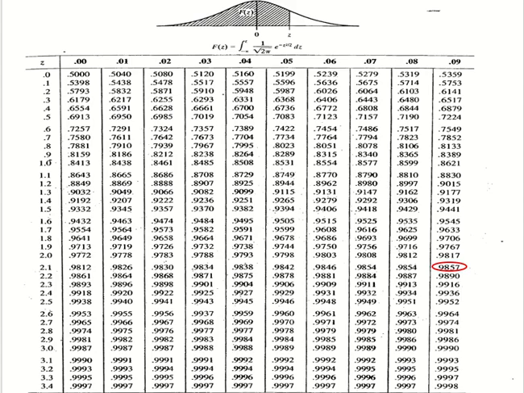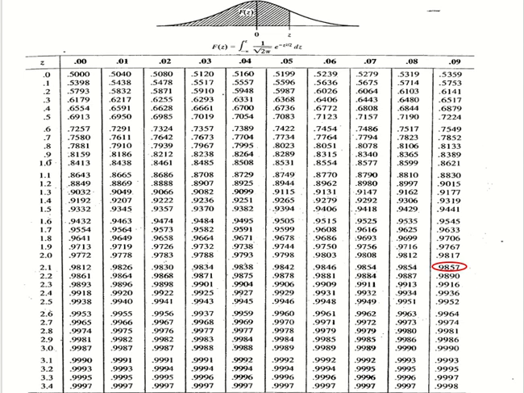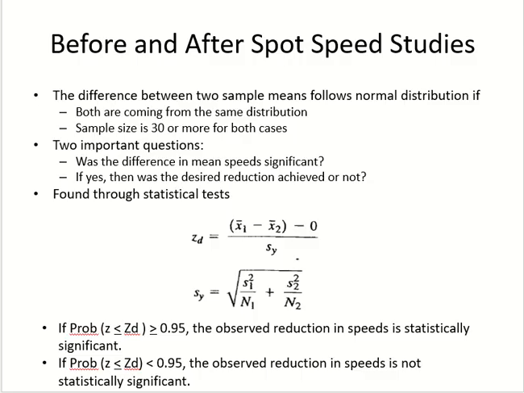From the z value, you will get the percentage. Then you apply the rule to the percentage. So if your z value was 1.95, 1.9 and 5, I get 0.97, which means 97%, right? I apply the rule. Where am I?